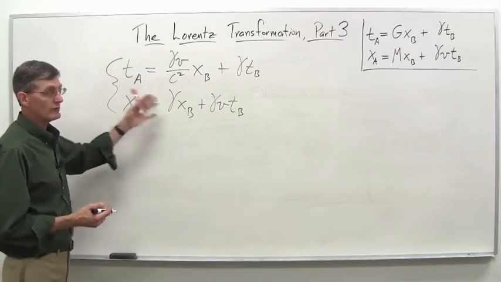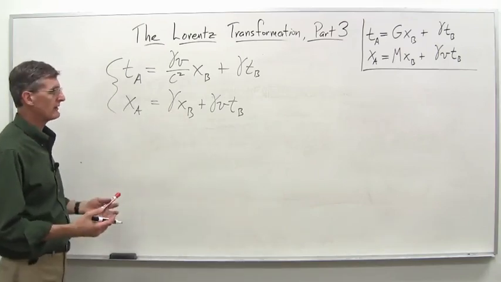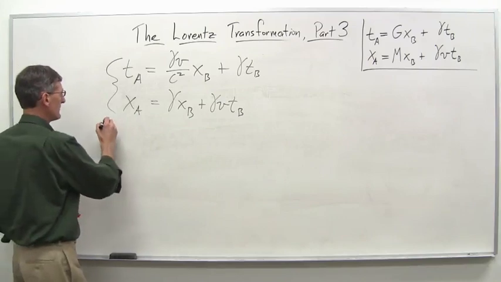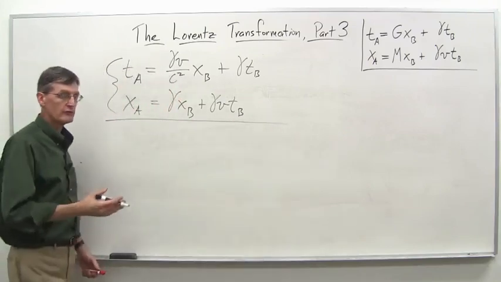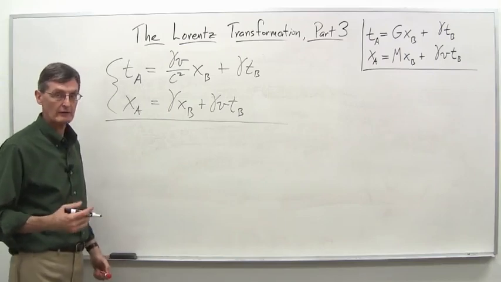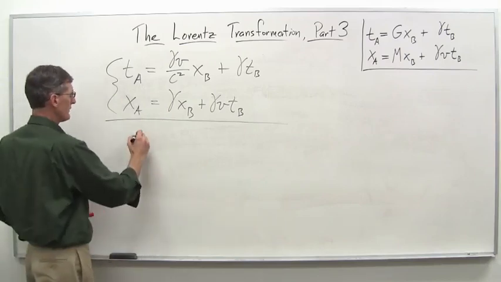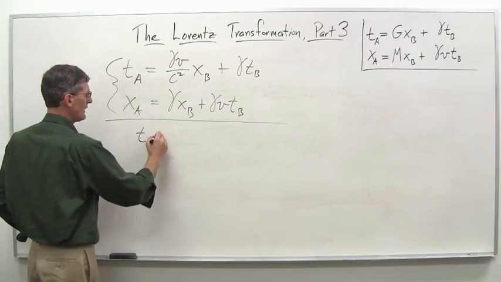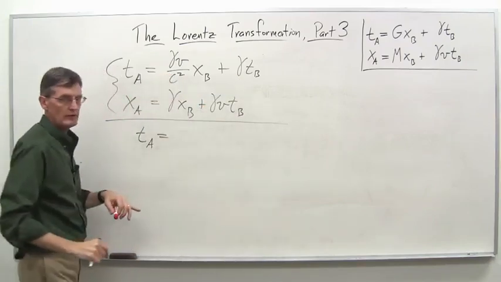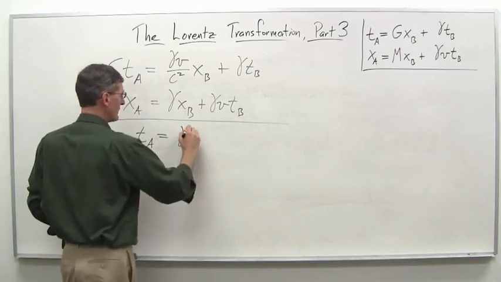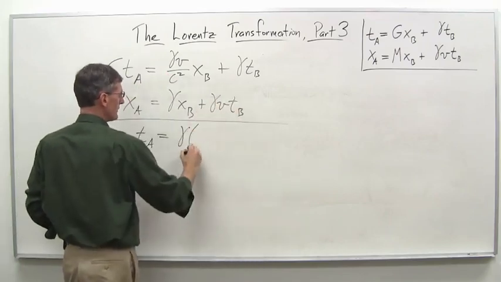So here are the two equations. We want to rewrite them in slightly different form just to make it easier to remember, and also to bring out the differences and similarities to the Galilean transformation. So I'm going to rewrite this as TA equals, note I've got a gamma in each term there. So I'm going to pull out the gamma. I'm going to put the TB term first.